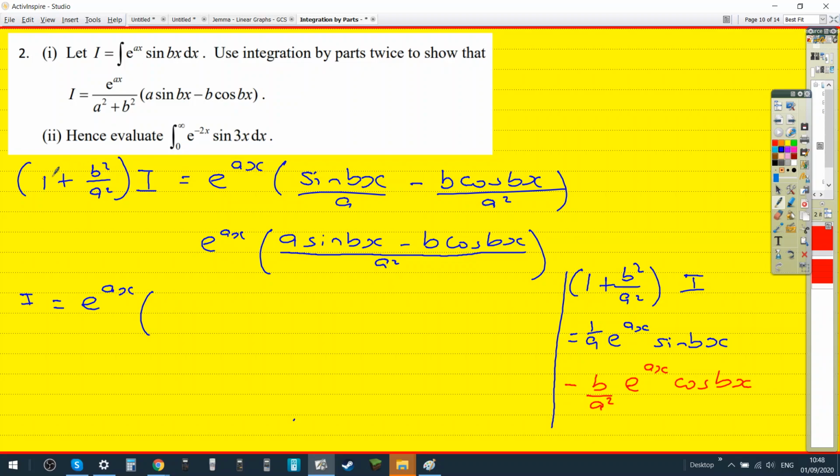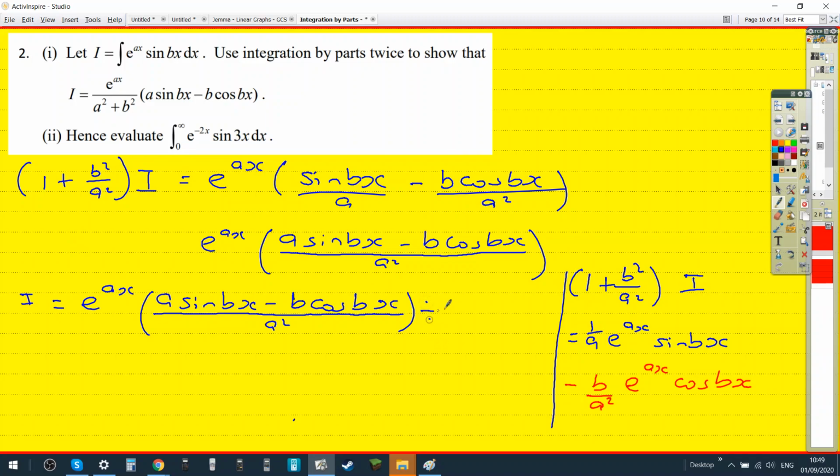We could simplify this into one single fraction. 1 plus... that would be a squared plus b squared. Oh, wait, no. I believe 1 is the same as a squared over a squared. So that would be a squared plus b squared over a squared.